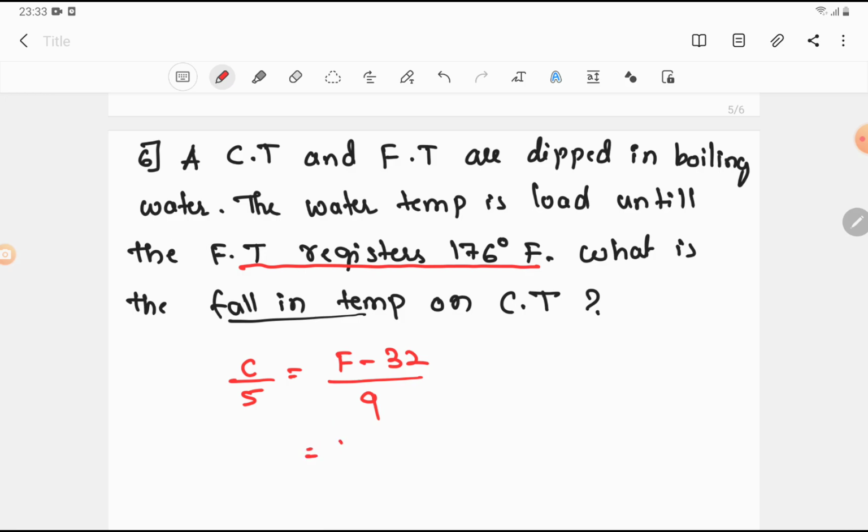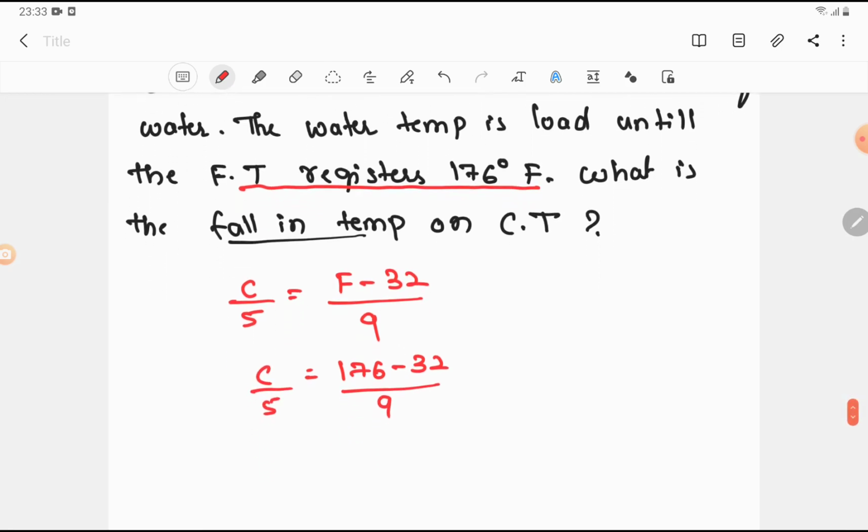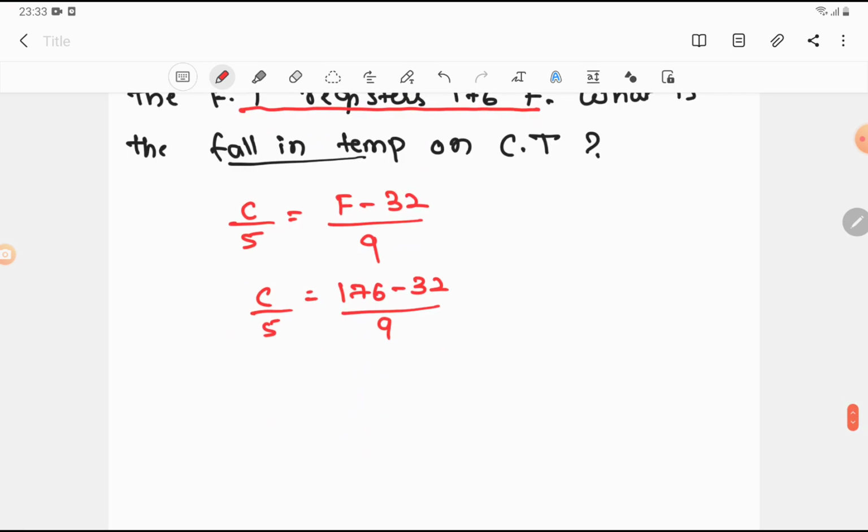So 176 minus 32 by 9, which is equal to C by 5. 176 minus 32 is 144, by 9 that gives you 16, equal to C by 5.